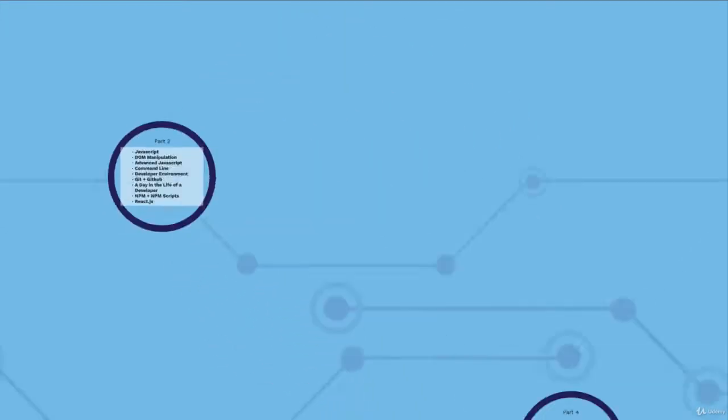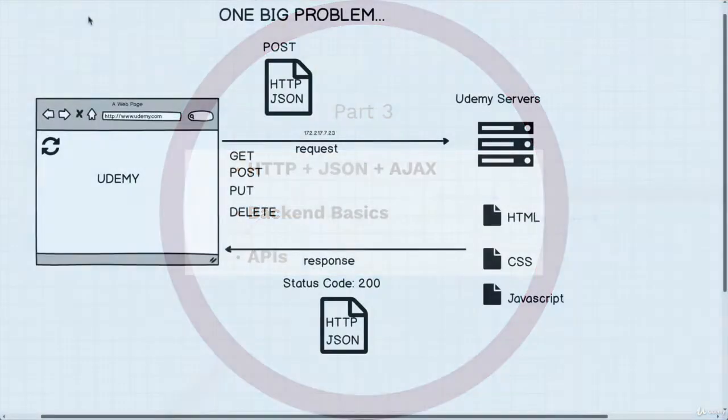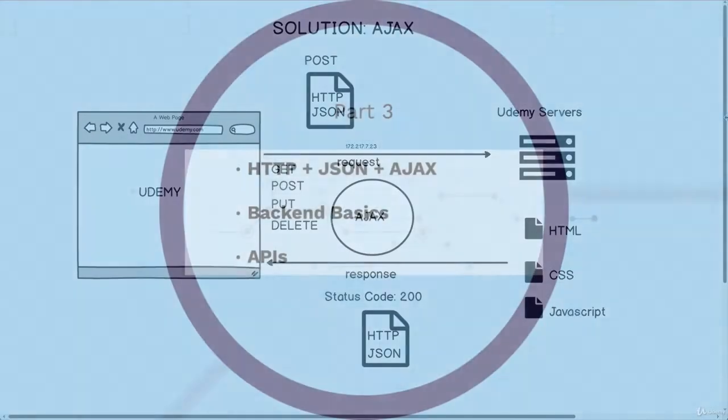From part 2, we'll move on to a nice short one, which will introduce us to the world outside of just the front end. That is, just building websites without communicating with any other website or the outside world or servers. We're going to learn about HTTP, JSON, and AJAX, something that will open up a world of possibilities.